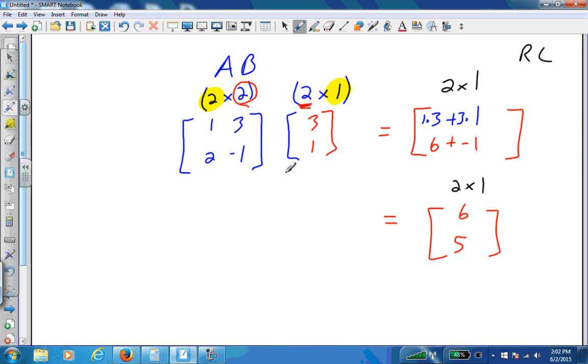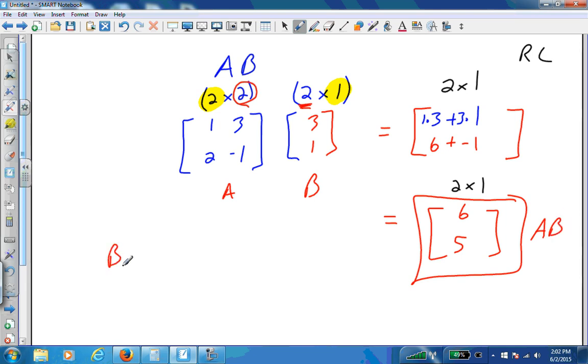For this set of matrices, if we call this A and this B, A times B gave us this. But let's look at, well, what about B times A? If we took B times A, notice row times a column, those number of elements don't match.